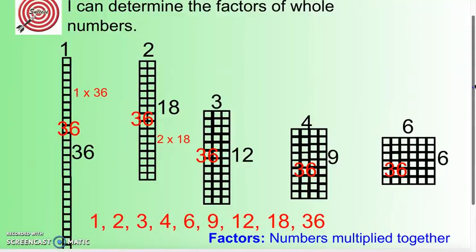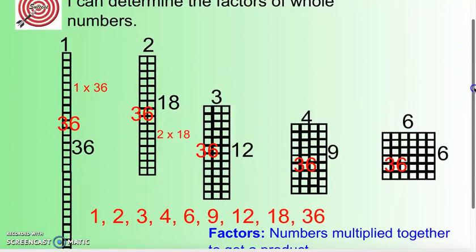Hopefully you recall this image. This actually shows all the factors of 36. So remember, factors are anything that we can create a rectangle or a rectangular array from and get the same area. And we're looking for the area of 36.